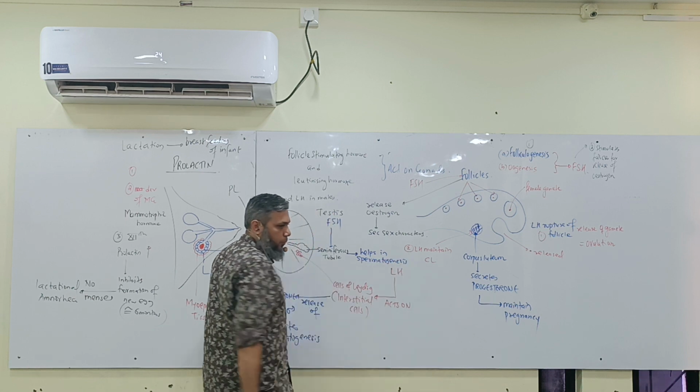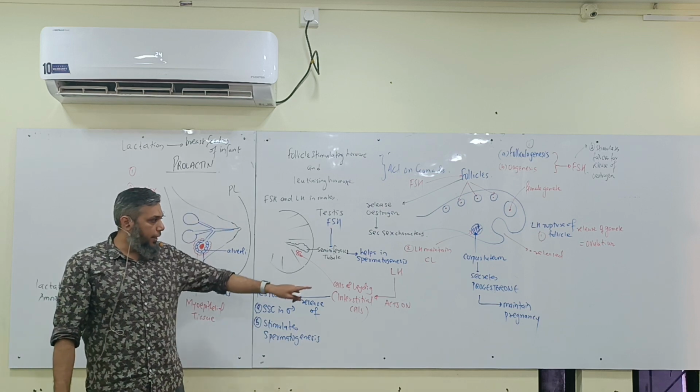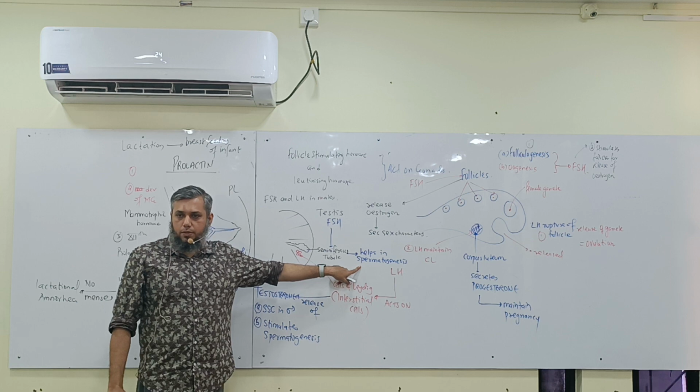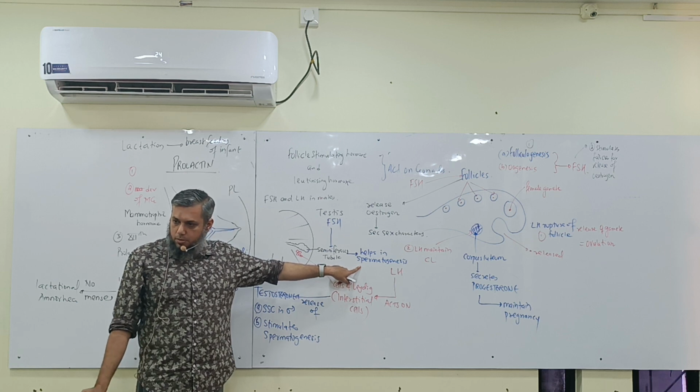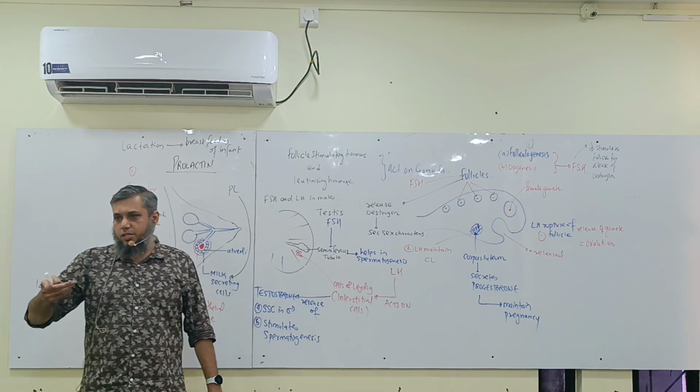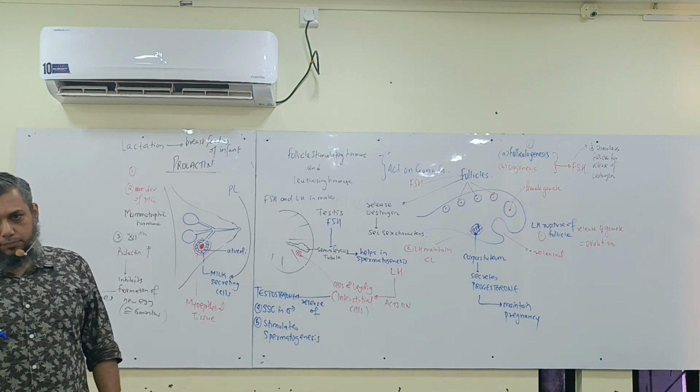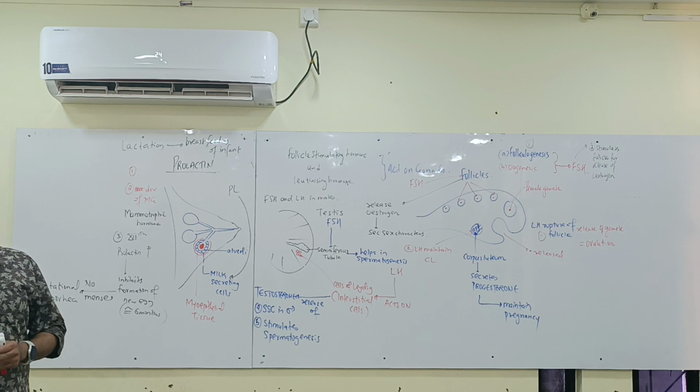How? It will be taught in 12th. But right now, only remember that it helps in the process of spermatogenesis, that is development of sperm. So both FSH and LH have a role to play in sperm production. Clear, everybody? Yes.